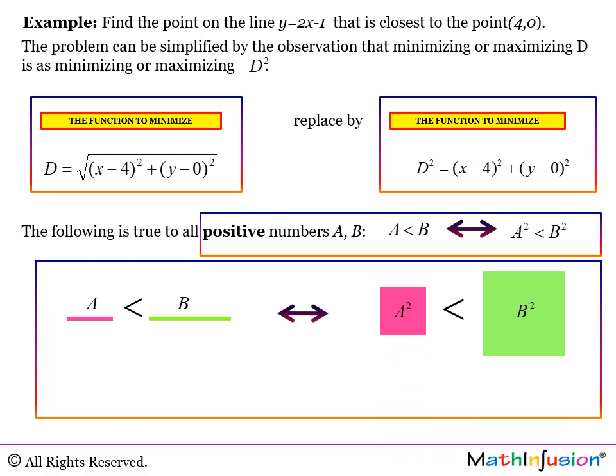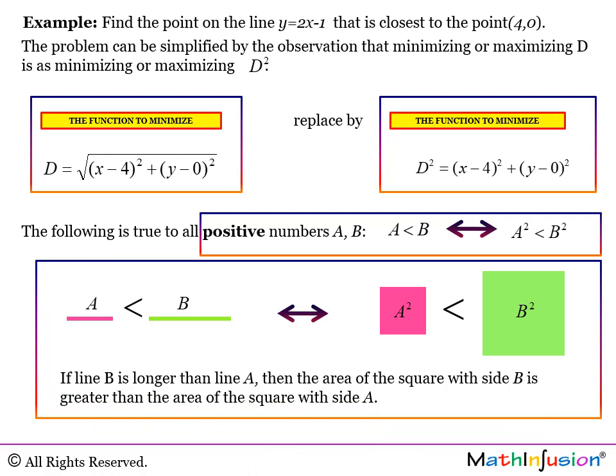You can see immediately that the square built on the longer side, the green one here, has an area of b to the power of 2, which is more than a to the power of 2, the square built on the shortest one. So because this is always true when a and b are positive, we can assume that d is positive, so we can use that.